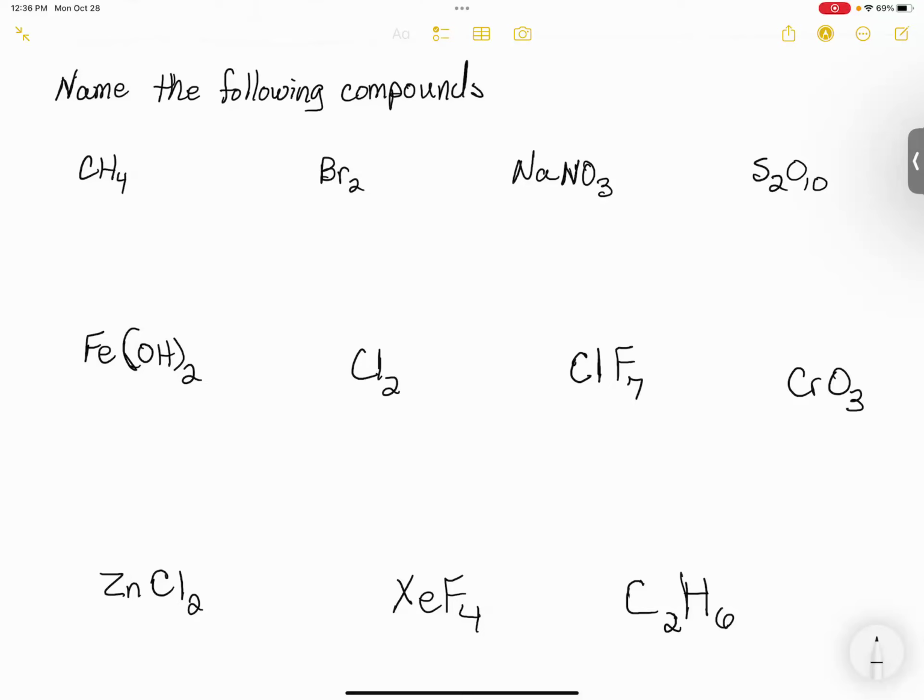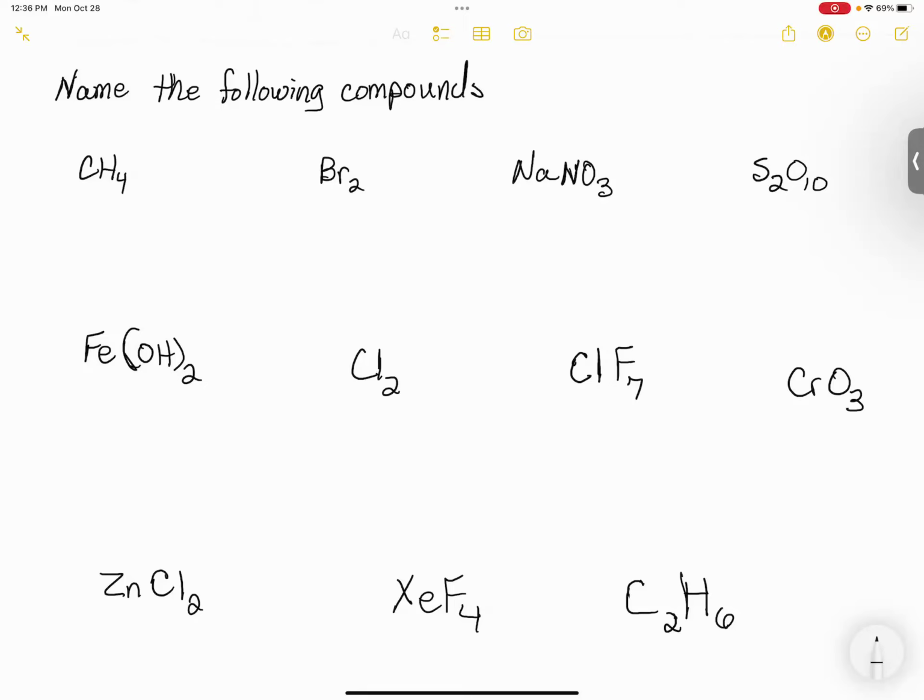If I said it was a non-metal, then I'm asking myself, is it diatomic? Meaning a diatomic element.